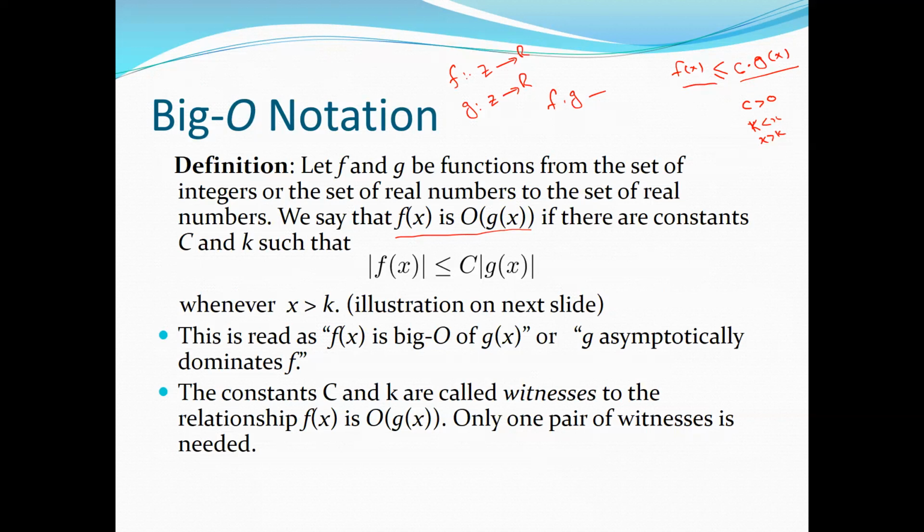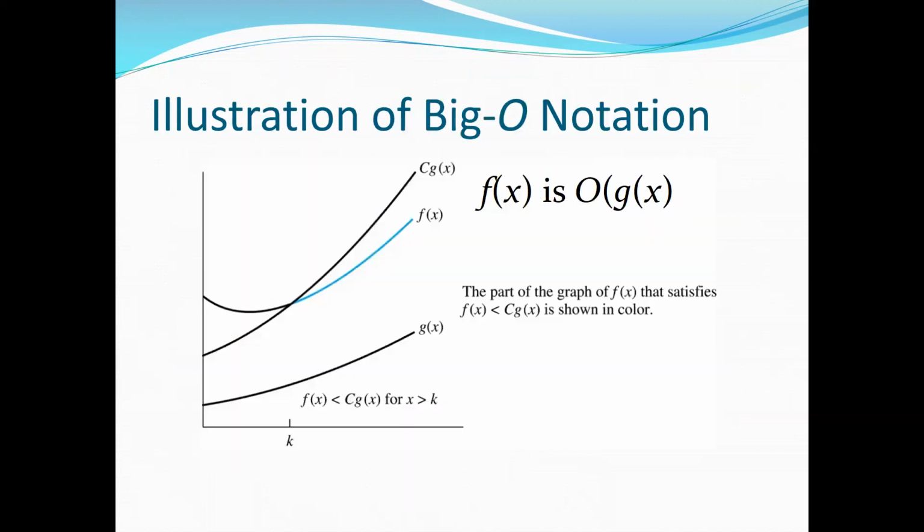It means we have two functions, f of x and g of x, and f of x is less than or equal to g of x times some constant after some value k. Let's see the graph of this and then we can understand.